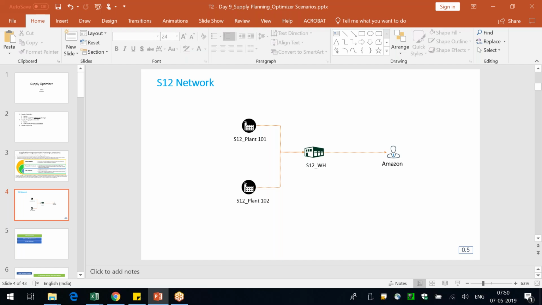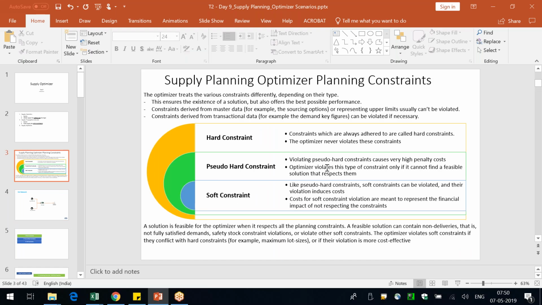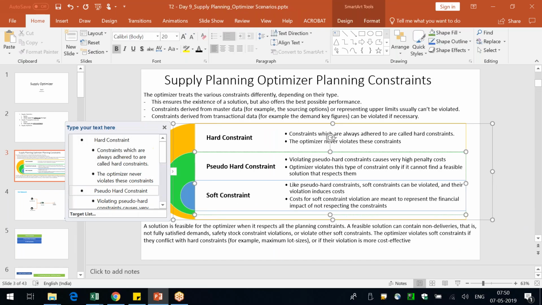So in optimizer the constraints get exploded. There are so many constraints, and they are categorized based on the adherence of the algorithm. One is a hard constraint, another is a pseudo hard constraint, a third is a soft constraint.